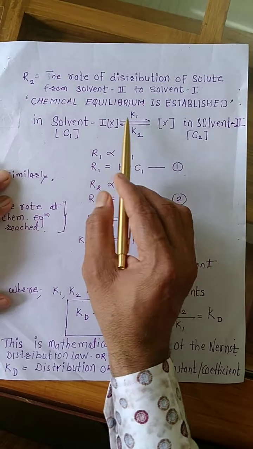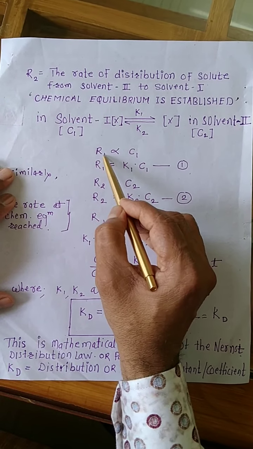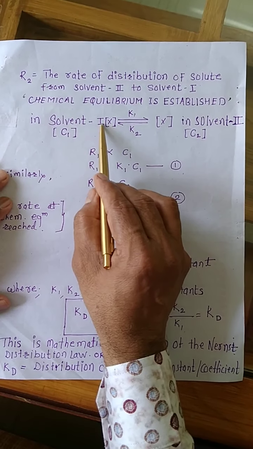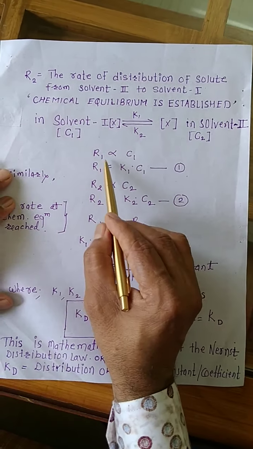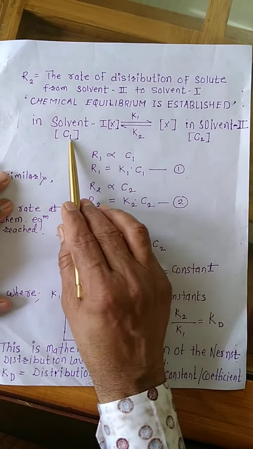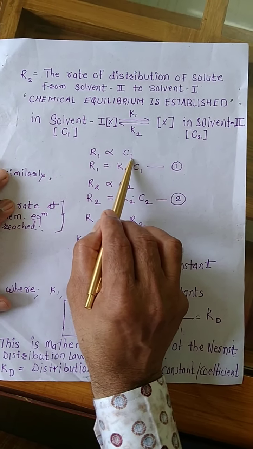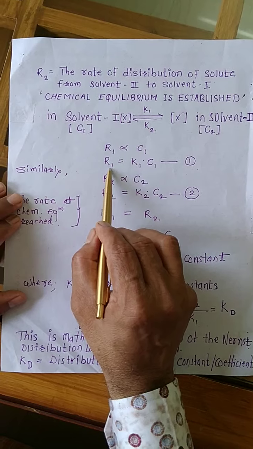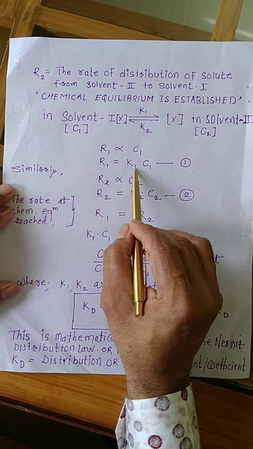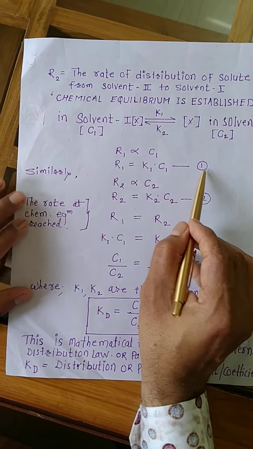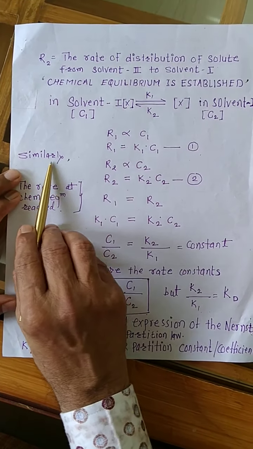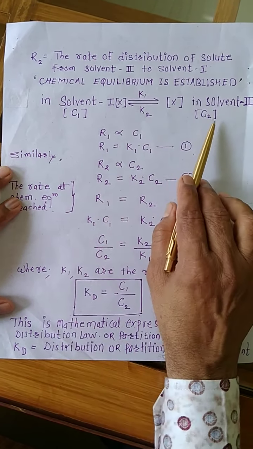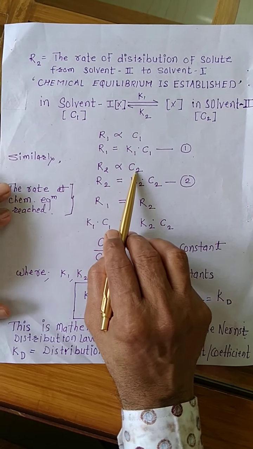R1, the rate of distribution of solute from solvent first to solvent second, is directly proportional to concentration C1. We may write R1 is equal to K1 into C1, equation 1. Similarly, the rate R2 is directly proportional to concentration C2.